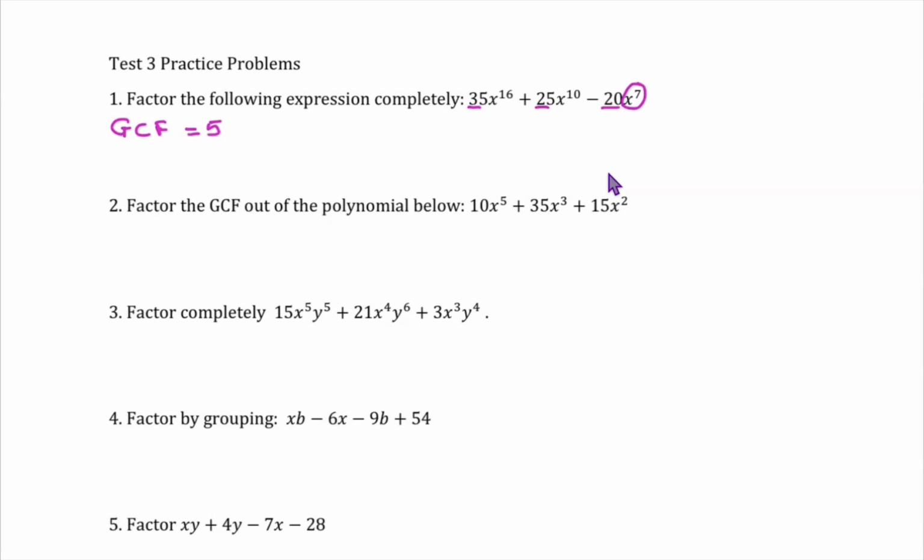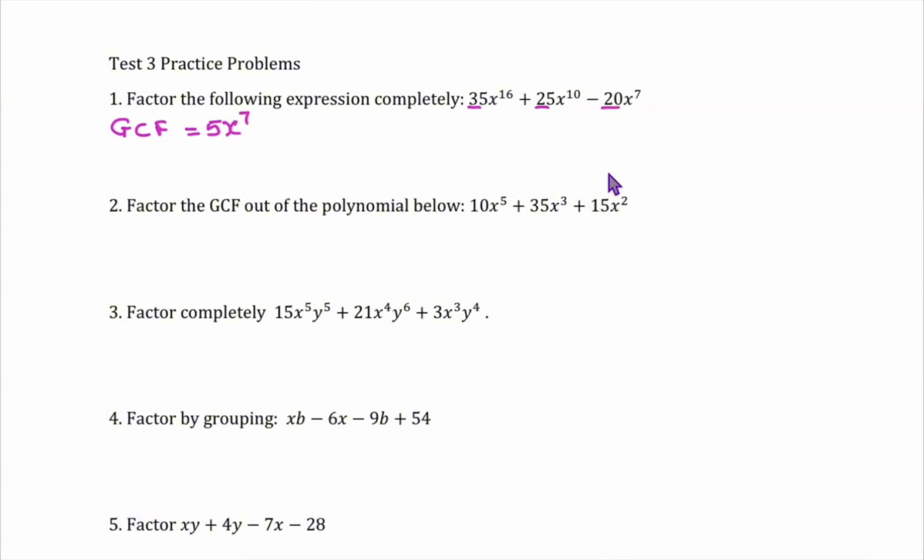X exponent 7 is the least exponent. So the GCF will be 5x to the 7th. What you have to understand is that the GCF includes the variable if the variable is common. In this case, x is common throughout the expression, so x with the least exponent 7.